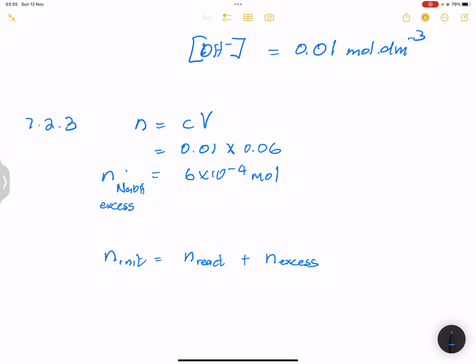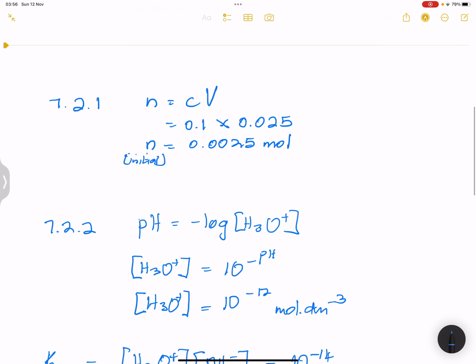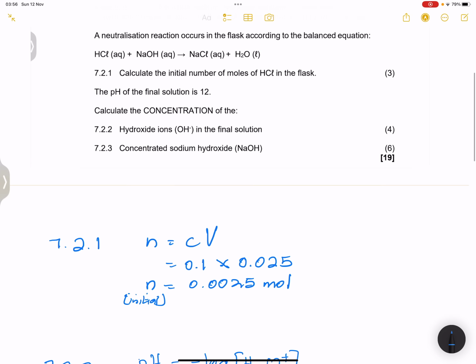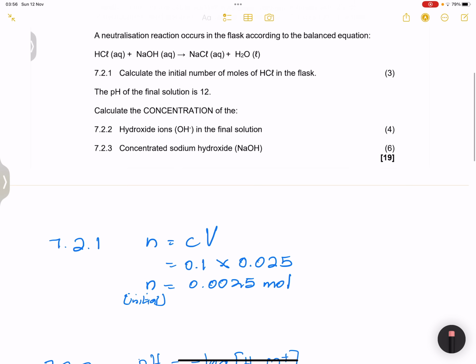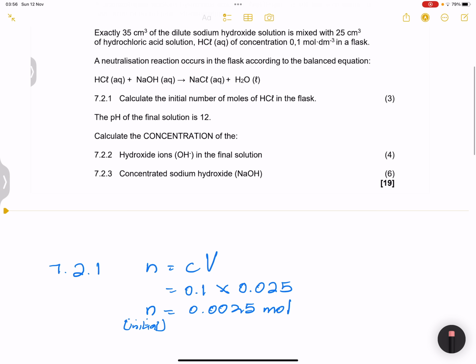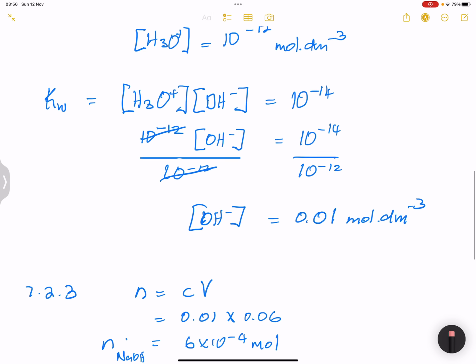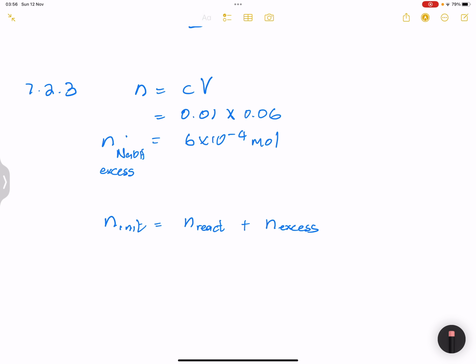Okay, so in this case we've got the initial moles of hydrochloric acid. Yeah, please, we shouldn't make a mistake of that.